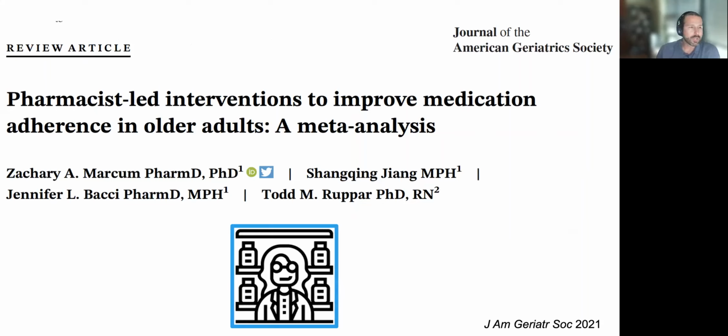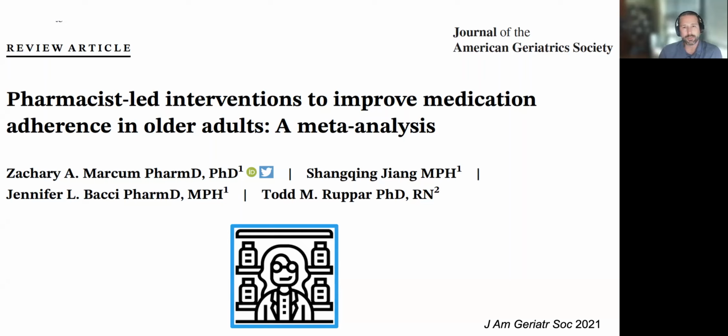And this work was motivated based on the fact that pharmacists continue to try to work for reimbursement for chronic disease management services on a national level, which is to say through Medicare reimbursement. And so we know that medication adherence to evidence-based drugs is an important quality indicator.